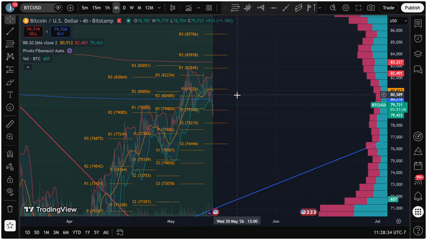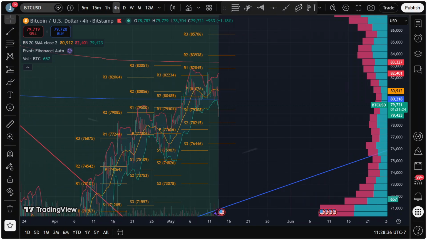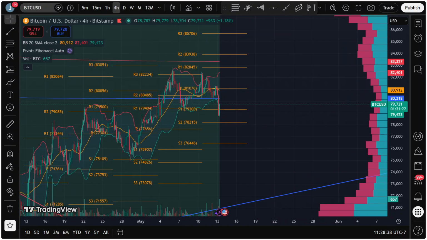There's a number of other reasons for that on the higher time frame that we will go into later, but that's just the broader idea that we want to keep in mind as price is oscillating around these levels. We're not talking about just a random number on the chart. These are key psychological levels that are backed by technical data.